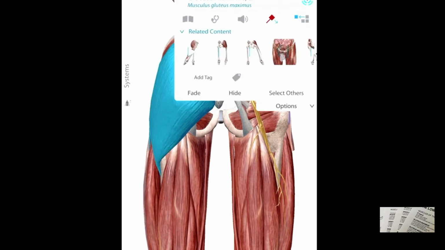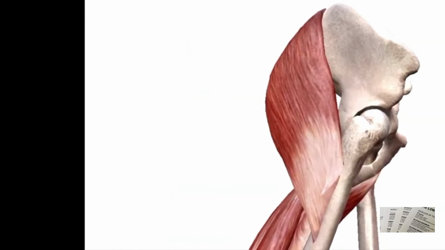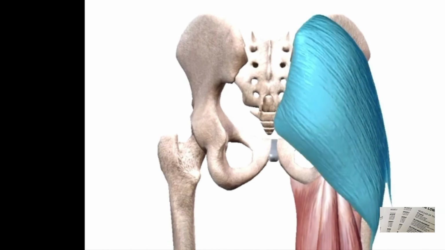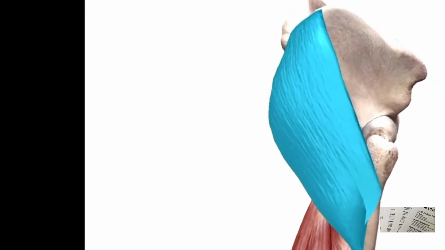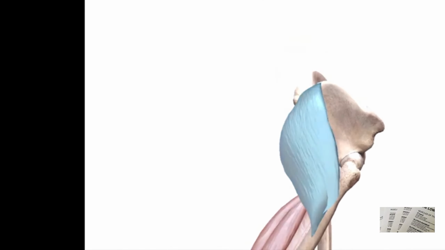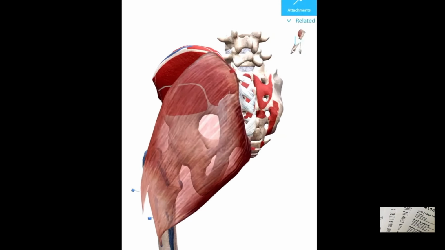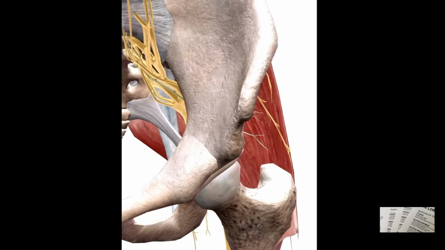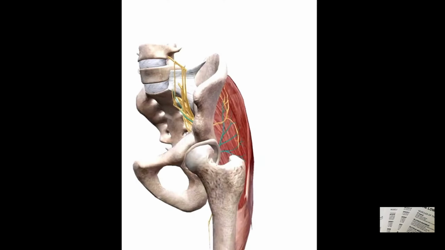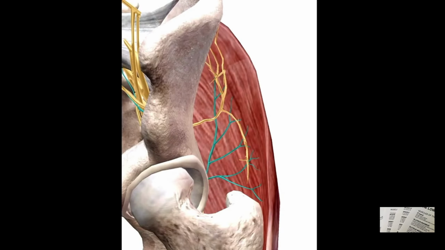Gluteus maximus. What about the action? What's the action for the gluteus maximus? What does it do? You see how it's extending that hip. Here's our gluteus maximus. Powerful extender of the hip. Okay? Innervation for the gluteus maximus. Inferior gluteal nerve.